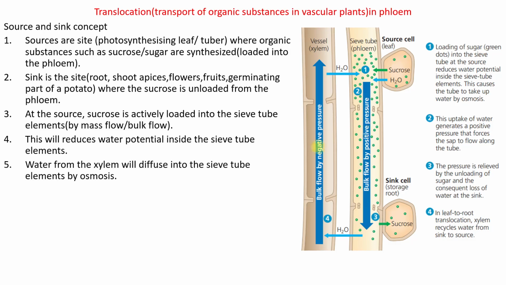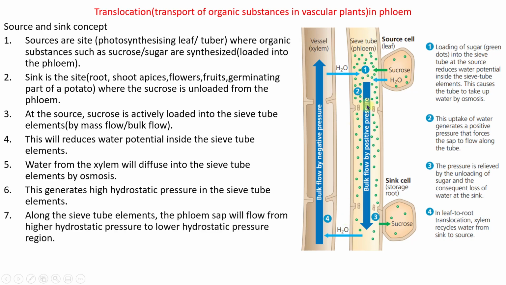Next, the water from the xylem, you can see from here, will diffuse into the sieve tube elements by osmosis. What happens after we have a high number of water molecules inside the sieve tubes? This will generate high hydrostatic pressure in the sieve tube elements.